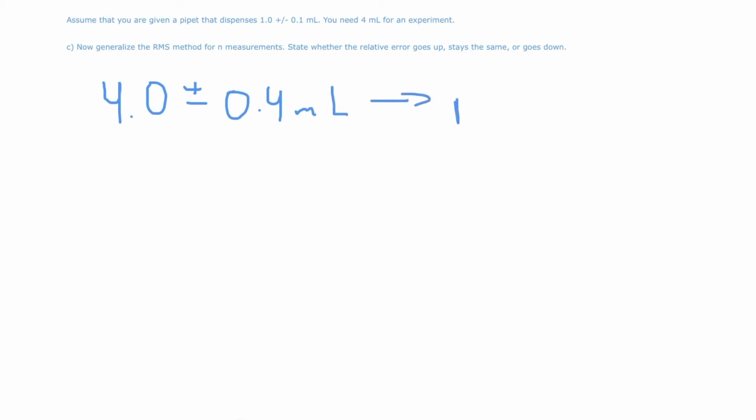So this was for part A. And then in part B, we found that we had this 4.0 milliliters, which was our final value that we needed for the experiment, plus or minus an uncertainty of 0.2 milliliters.